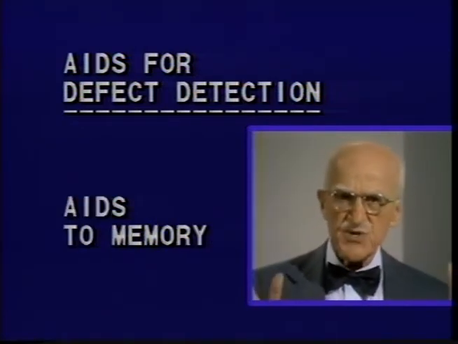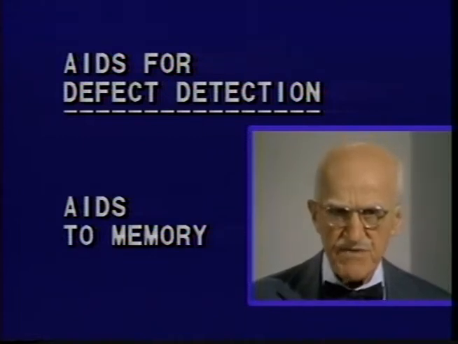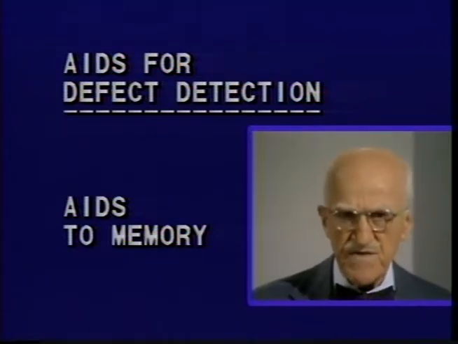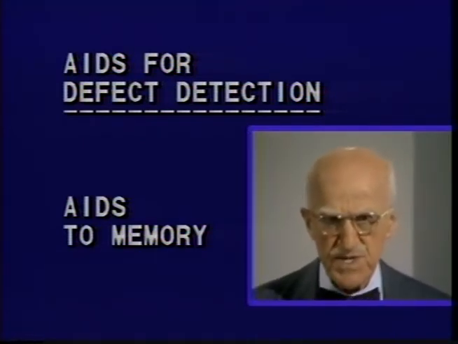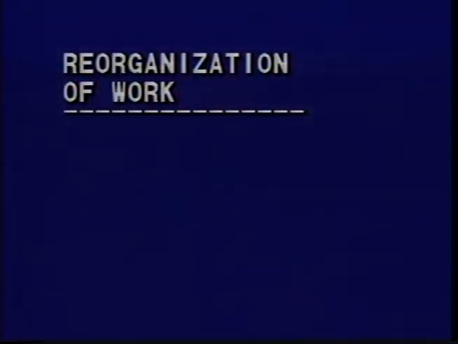We can provide aids to human memory. For example, physical samples to facilitate inspection by comparison. Judgments based on inspection by comparison are known to give greater consistency than judgments based on memory of what the standards are.